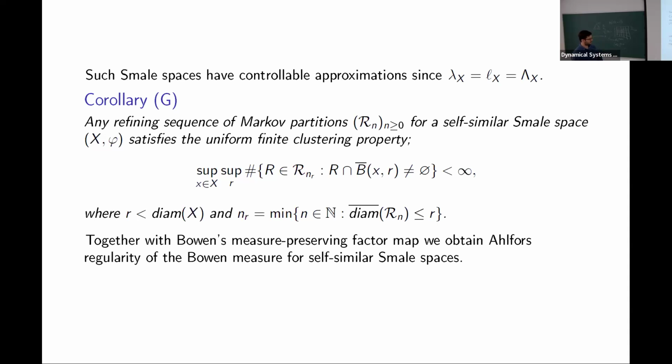If you take any ball of radius r, then the number of rectangles of size comparable to r will be uniformly bounded, for any point x.